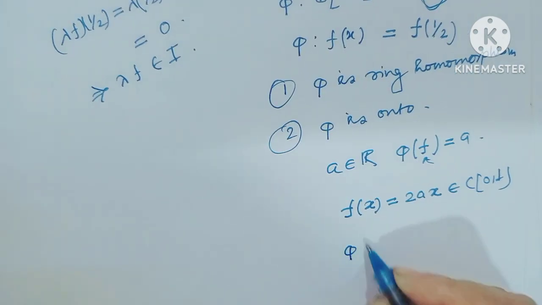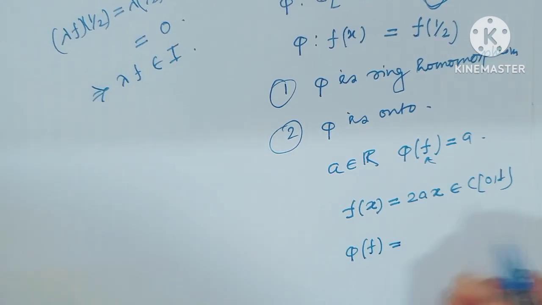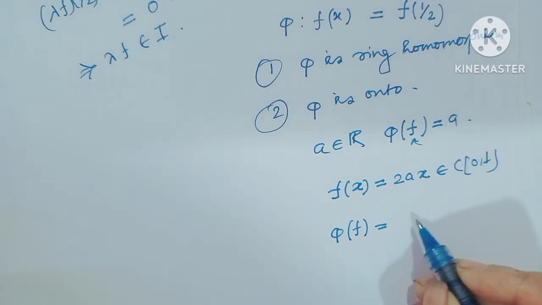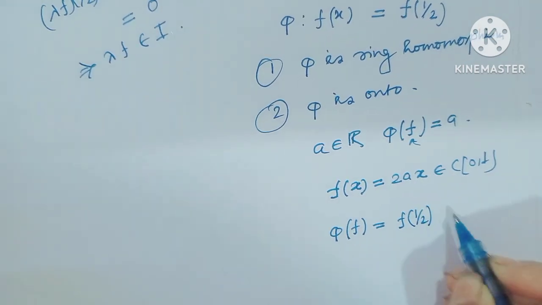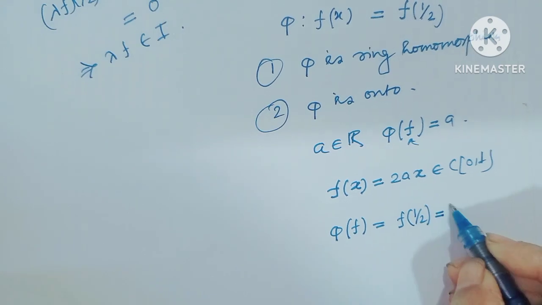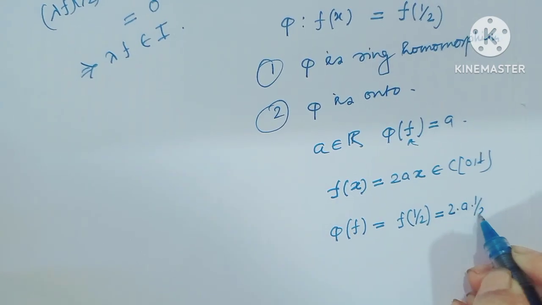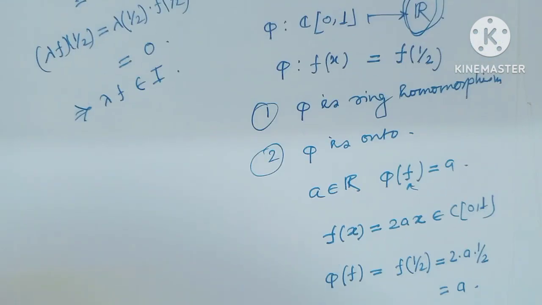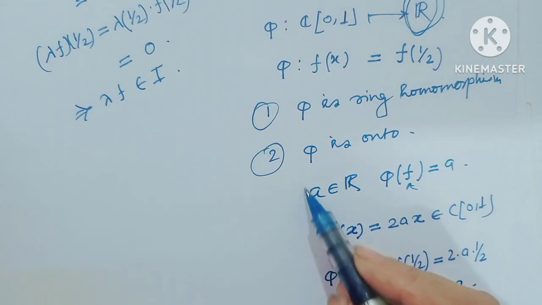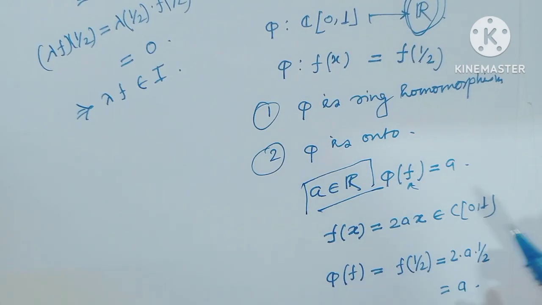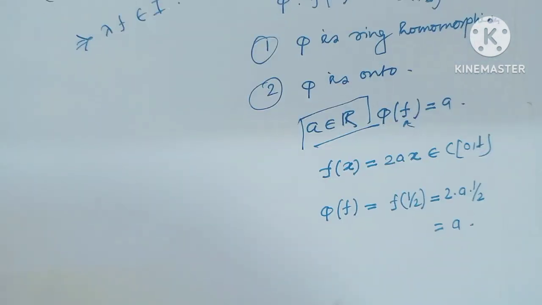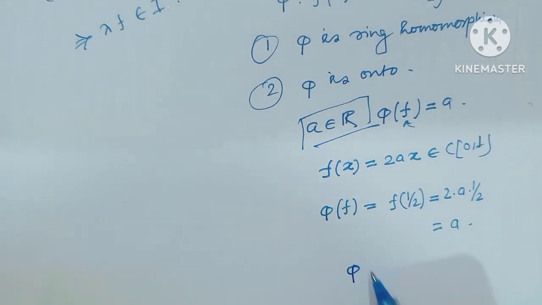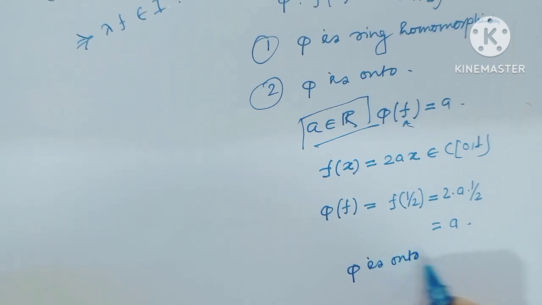Then phi of f equals f of half, then this value would be 2 times a times half. That means this value would be a. Therefore, for choosing any arbitrary a, I have got phi of f equal to a. That means phi is onto also.